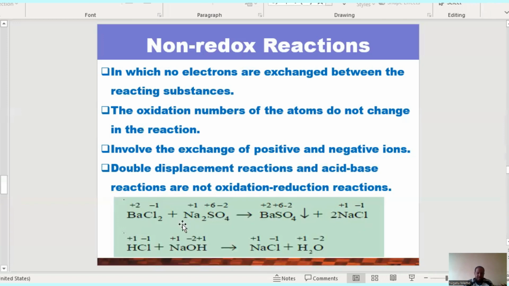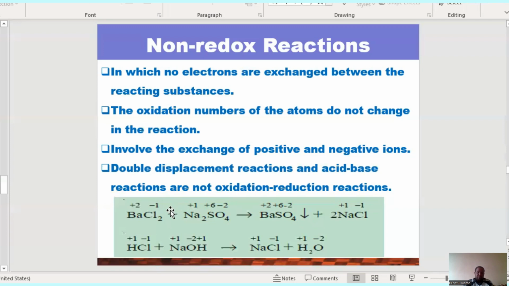The oxidation state of sodium is +1 on the reactant side, +1 on the product side. The oxidation state of sulfur on the reactant side is +6, +6 on the product side, no change. Oxygen has a -2 charge on the reactant side, -2 on the product side. No change in oxidation state.